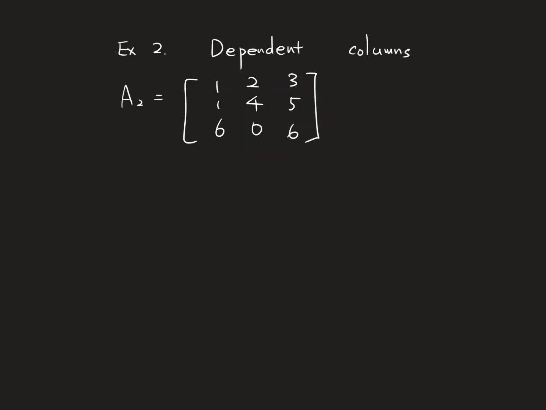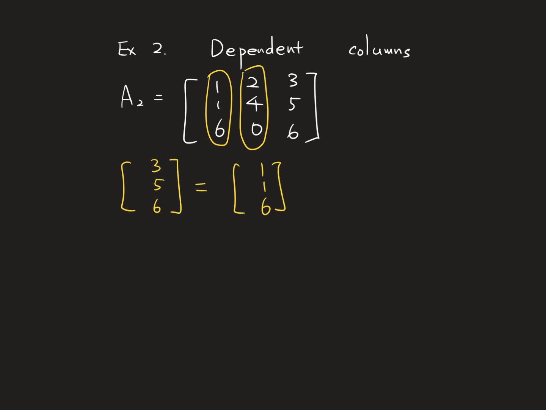And this is an example of dependent columns. You see that adding column 1 to column 2, we have column 3. So (3, 5, 6) is equal to (1, 1, 6) plus (2, 4, 0). So we can say this matrix A2 has dependent columns.